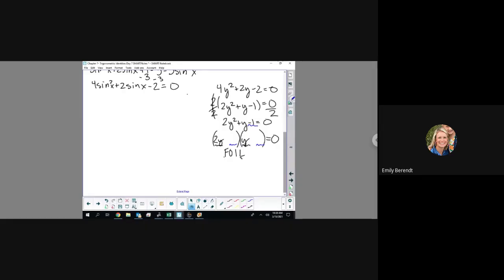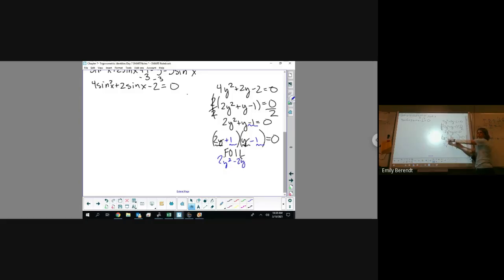You might place them in the right spot your first try. You might not. If you put a +1 and a -1, how would we know that those are the correct factors? What would you have to do? FOIL. Well, we already know we get the 2y squared. What's a 2y and a -1? A -2y.